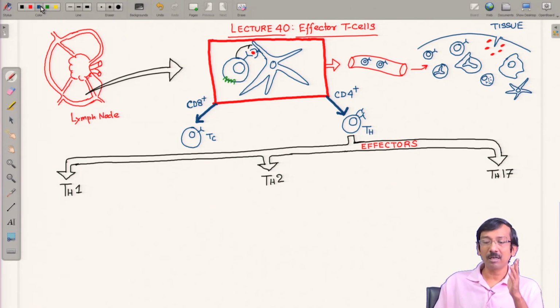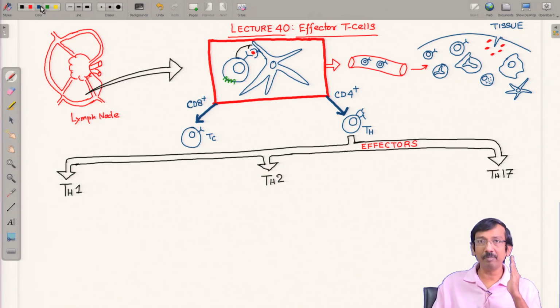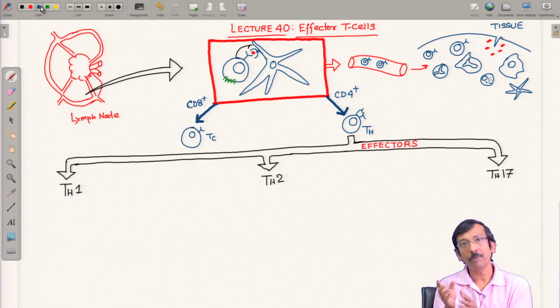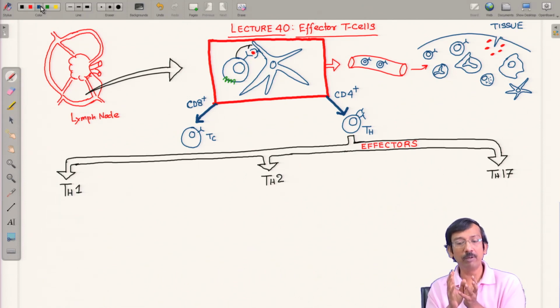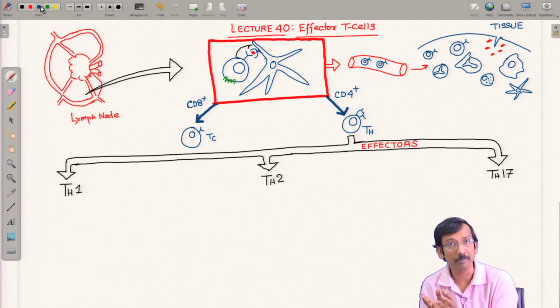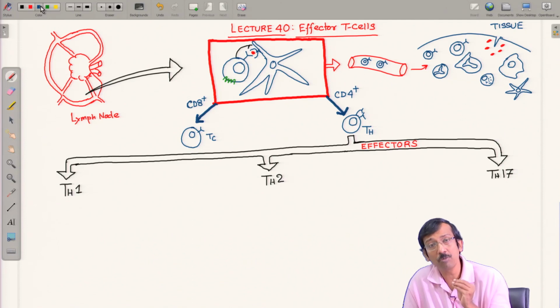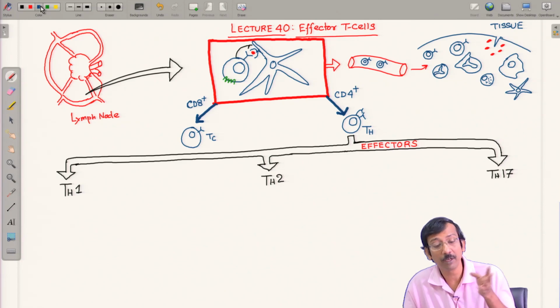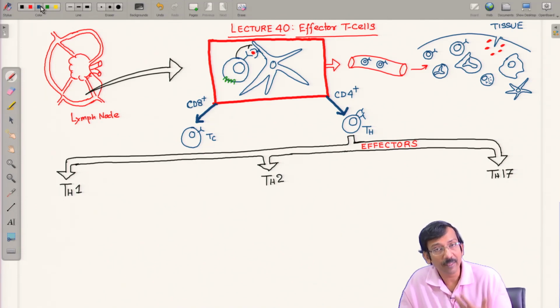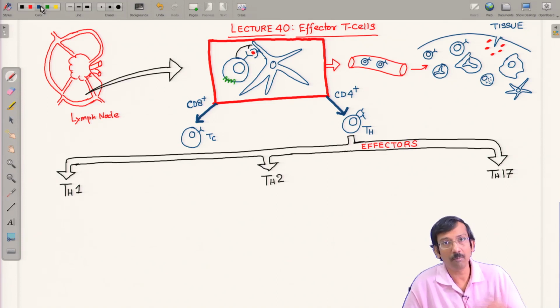The effector cells are those which either directly go and attack and kill the pathogen, or indirectly try to help the other cell types. They can also help the cells of the adaptive system. There are T helper cells that are responsible for helping B cell development and proliferation. I have discussed this in the last few lectures as well. You have seen how the T helper cells help in B cell development, proliferation and activation.